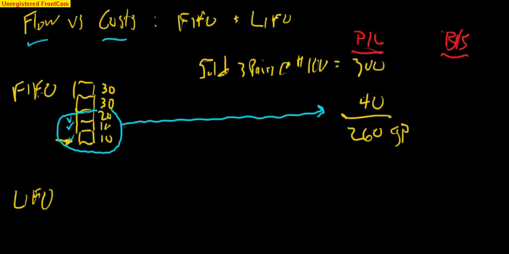Because FIFO says the first thing in is the first thing out. These goods, the first ones, go to the P&L, and these goods then right here go to the balance sheet. So our inventory on our balance sheet, let's make up a balance sheet. We have cash, marketable securities. Right here we have inventory.